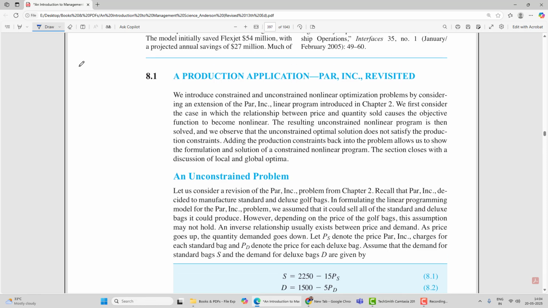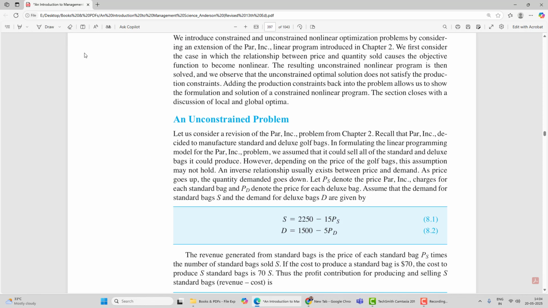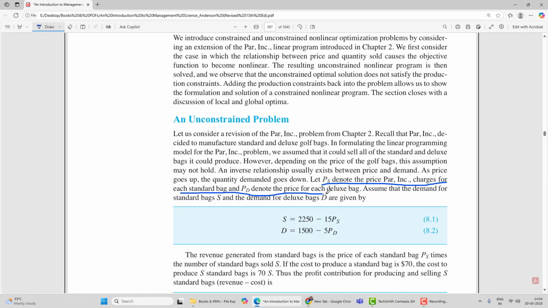Now they have given us additional information that the demand for standard bags depends on the price of standard bags. So there are two more variables they are using: PS, which is the price for standard bags, and PD, the price for deluxe bags. Based on this price, the demand gets decided. If they keep the price low, there will be high demand.